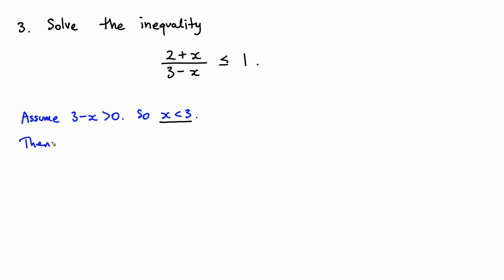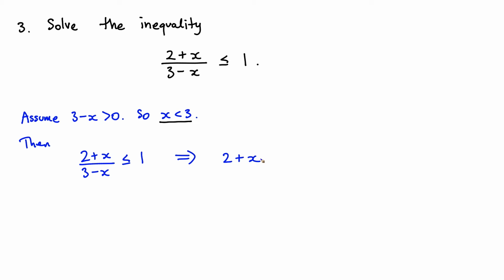Okay, so now let's multiply both sides of this inequality by the 3 - x. We have (2 + x)/(3 - x) ≤ 1. This implies, and this funny looking arrow means the word implies, so the left-hand side implies what I'm about to write. If we multiply both sides by 3 - x, it just goes away from the left.